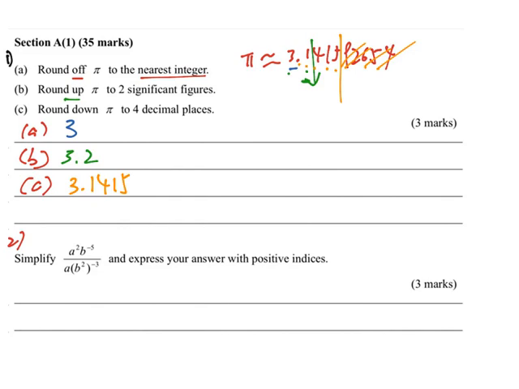Question 2 is about the index. First, we need to expand it. So for denominator a and then b to the power 3 times 2, so negative 6. Then we can change this negative 5 to down.